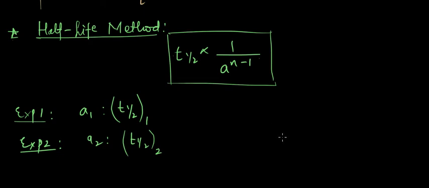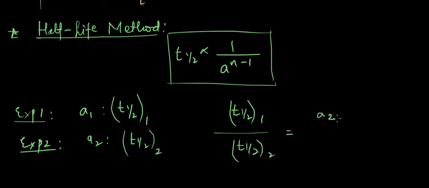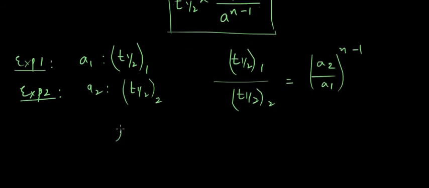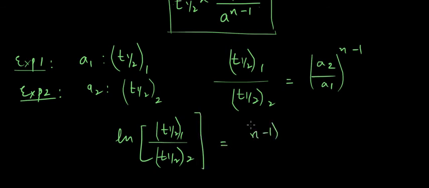So using the same we can check how T half varies with a's power. If we take the ratio of T half 1 with T half 2, the ratio would be A2 upon A1 to the power n minus 1. We can simplify it by taking ln on both sides, so ln of T half 1 over T half 2 equals n minus 1 times ln A2 upon A1.